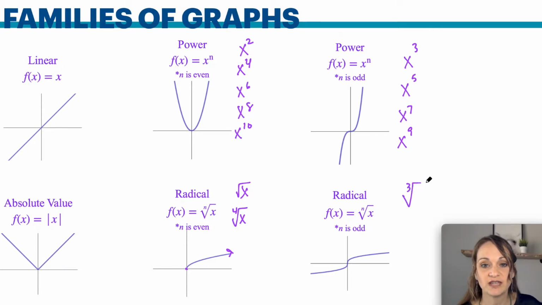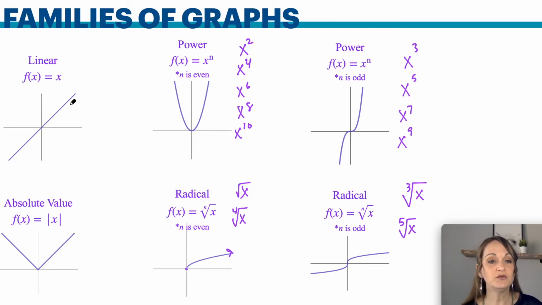You can actually take the cube root of -1. It's actually the number -1. So if you have an odd radical, like a cube root, or fifth root, or seventh root, then it is going to take on this shape. It is going to look like a square root, but because it's odd, you can have the negative as well.